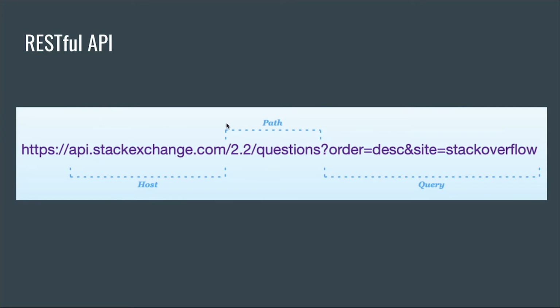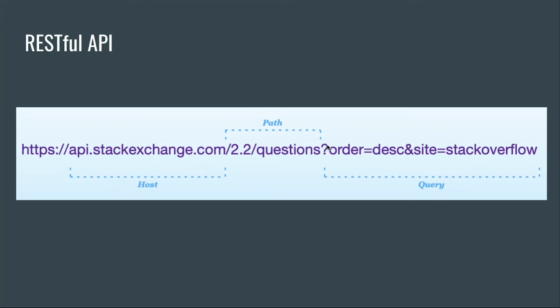So just like any normal website or URL, usually you have the web URL broken out into separate portions. So the first part or the domain is called the host. So this is the address where the server actually hosts or the information is stored.